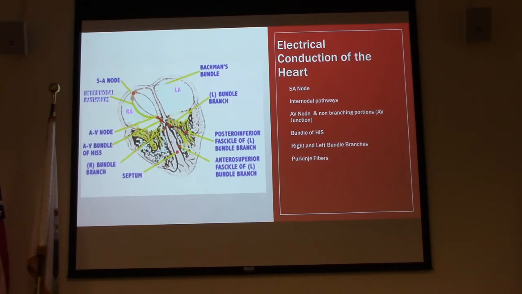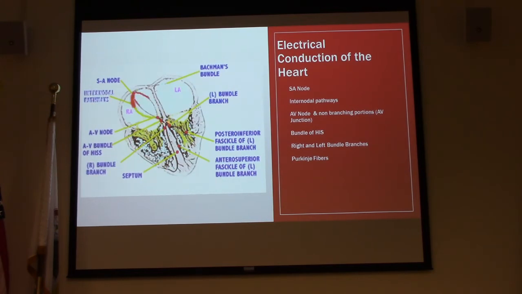Now, the AV node has an intrinsic firing rate of 40 to 60, meaning that if for some reason the SA node does not take over as the natural pacemaker of the heart, the AV node will sit and wait a little bit until it realizes the SA node isn't going to fire, and then it will pick up the firing. But the AV node is only going to beat 40 to 60 times per minute if the SA node isn't working.